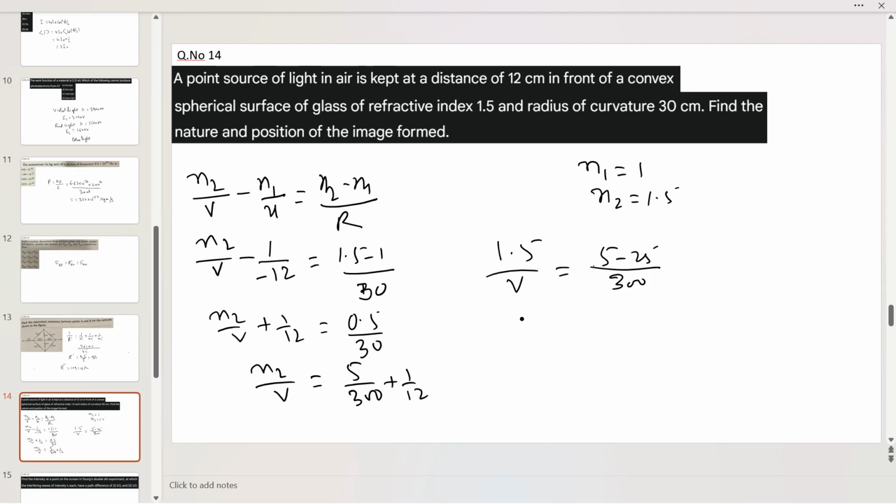Now if you solve this, you are going to get V is equal to minus 225 by 10, and this will become minus 22.5 centimeter. Now going to the next question.